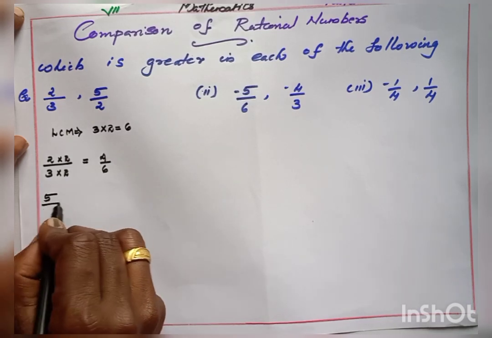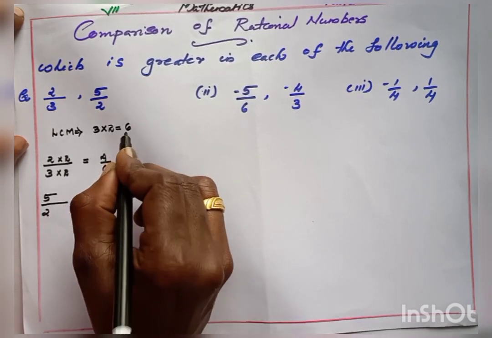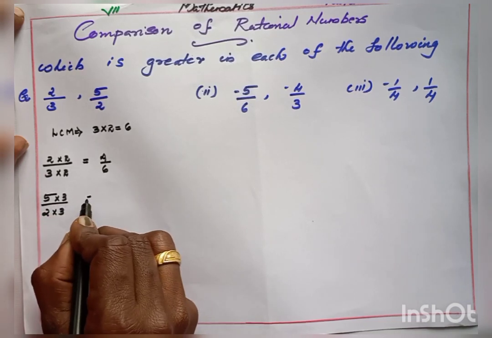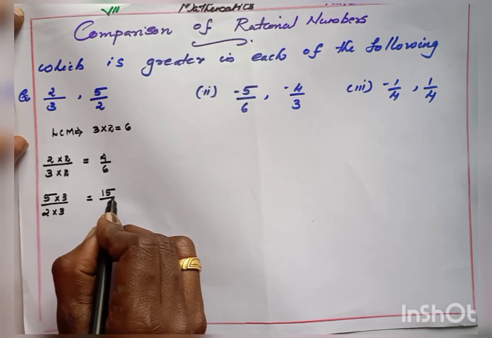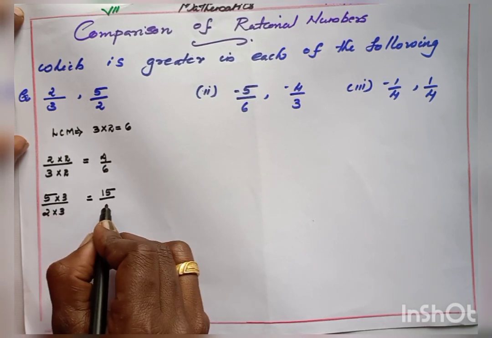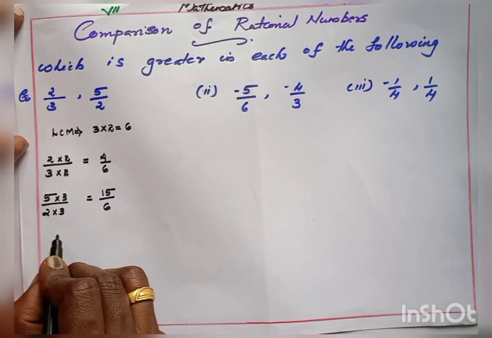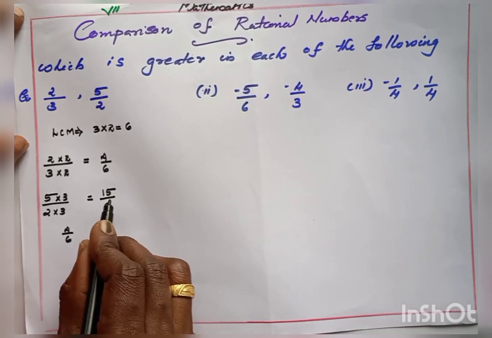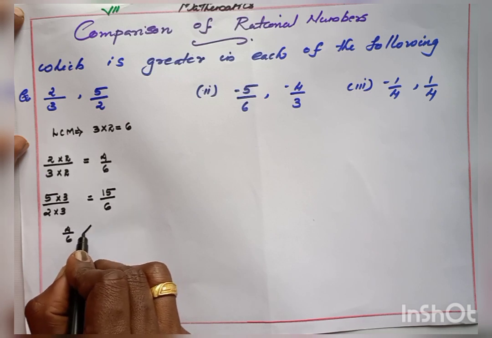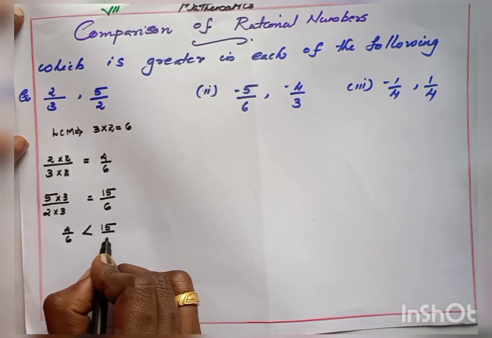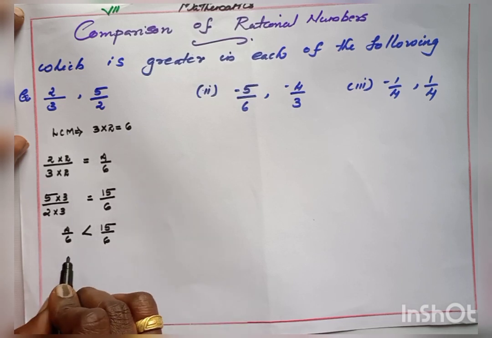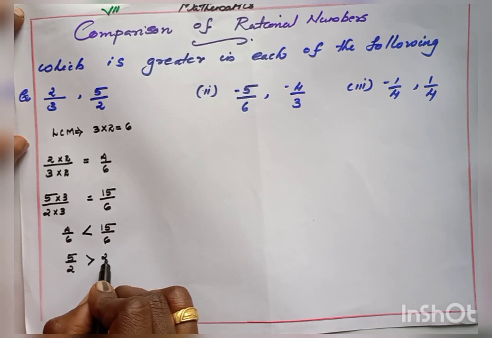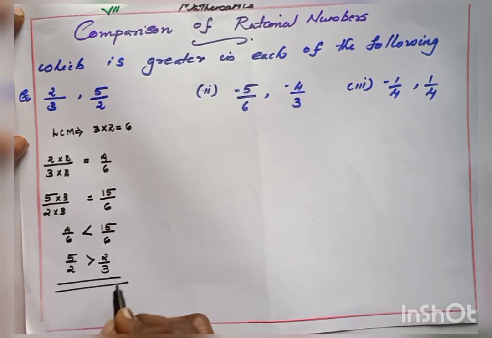Then 5 by 2: to change 2 into the LCM 6, multiply by 3, and the same 3 on the numerator. So we get 5 into 3, 15 by 2 into 3, 6. So 4 by 6 and 15 by 6. Which is greater? Yes, 15 by 6 is greater. That means 5 by 2 is greater than 2 by 3.